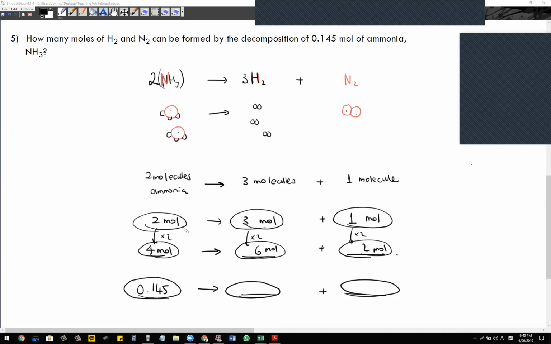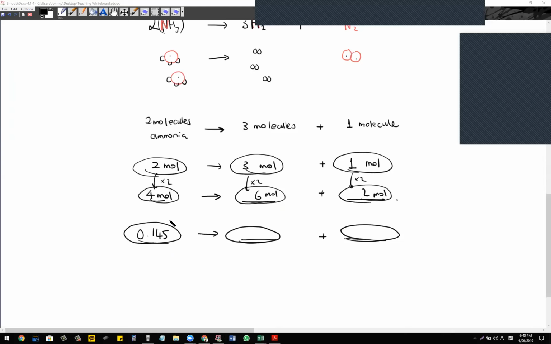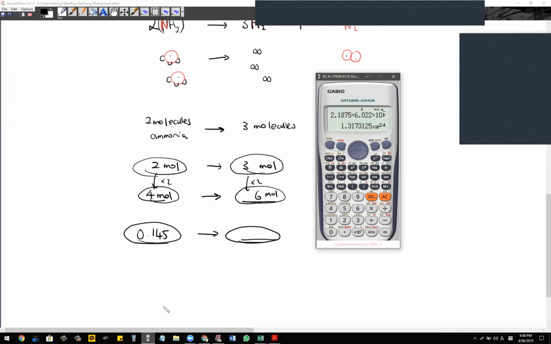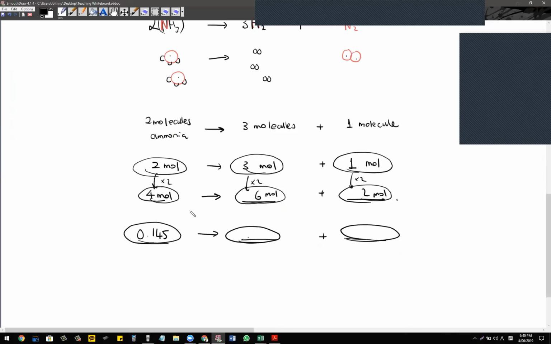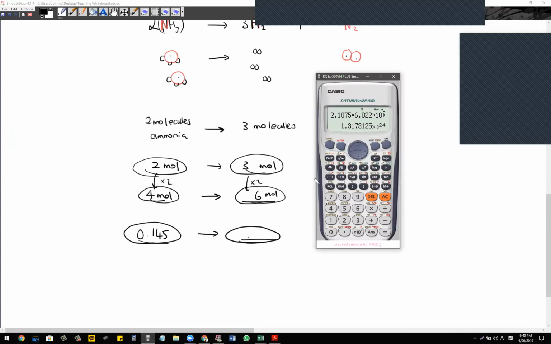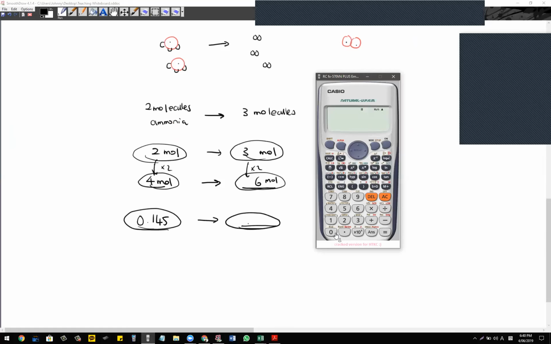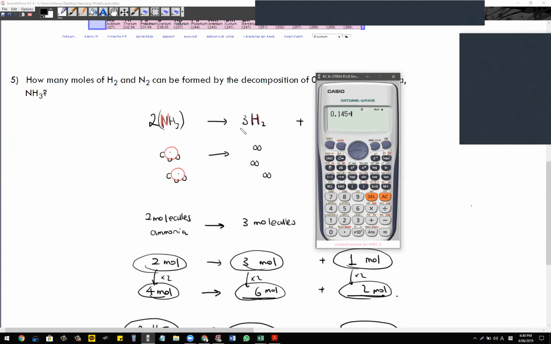Okay. So the idea is you can easily get all these numbers. So the ratio must be 2 to 3 to 1. Okay. So 0.145, you divide that by this number 2, and then times by 3.